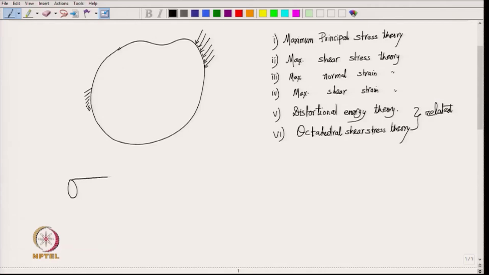So, to obtain the critical limit of failure, usually we do a simple test, for example, a simple tensile test or torsion test. So, for a tension test we can think of a bar and we can pull it from both the ends.